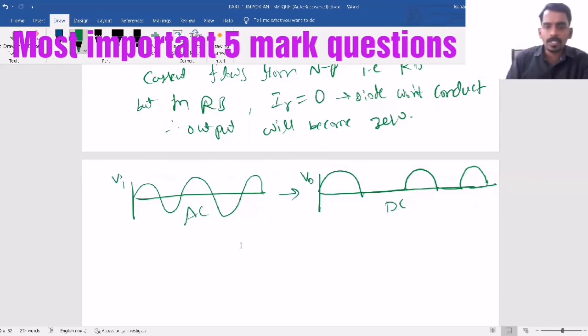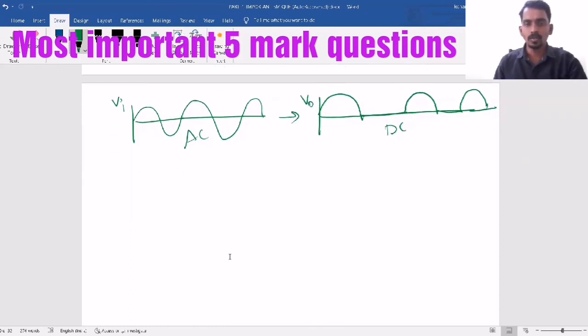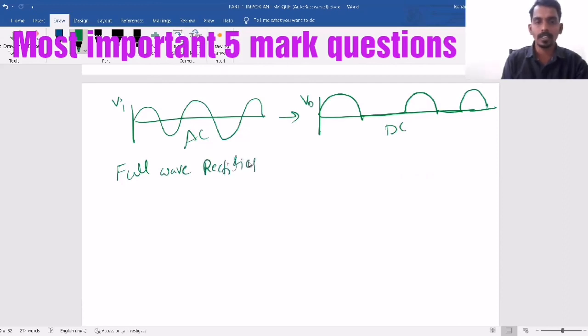But here the problem is we are losing half of the cycle. So to compensate for this, they have arranged one more diode. Then we call it a full wave rectifier, which converts the full wave into DC, and it consists of two diodes.